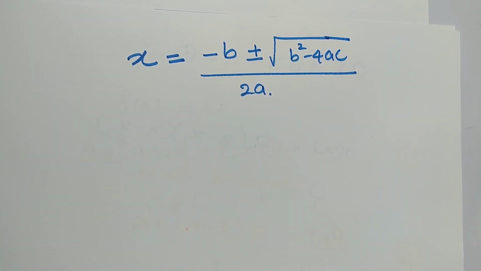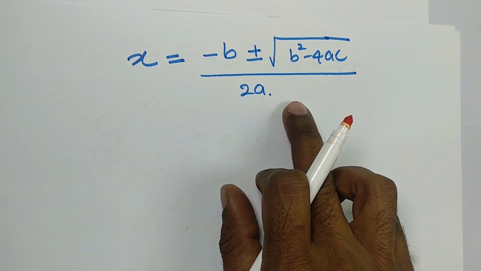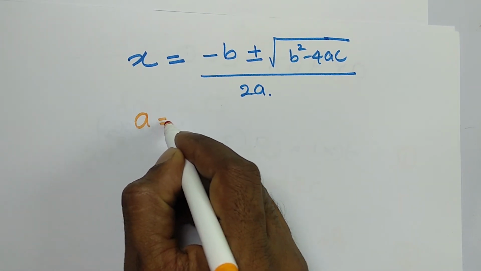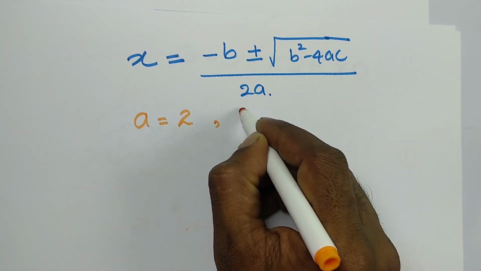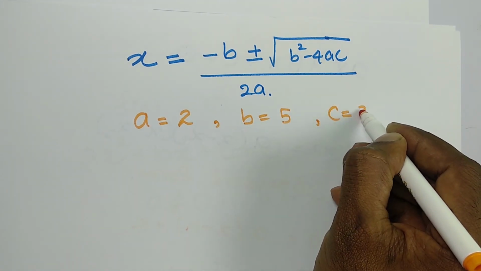Okay, now I am going to use the quadratic formula to solve my equation. In my equation, a equals 2, b equals 5 and c equals 3.